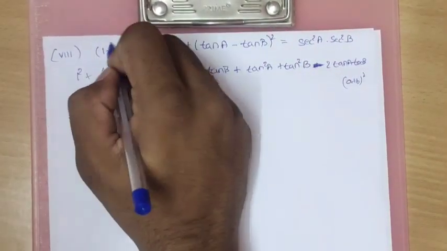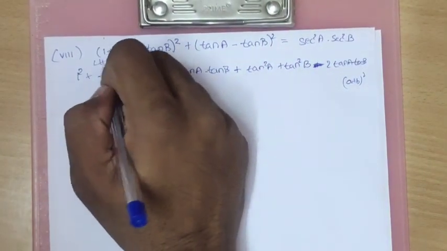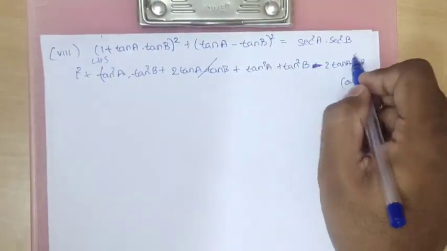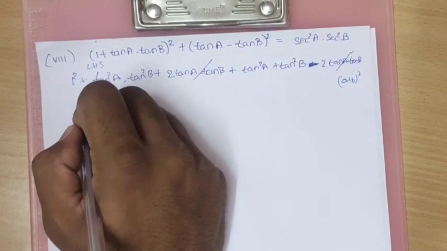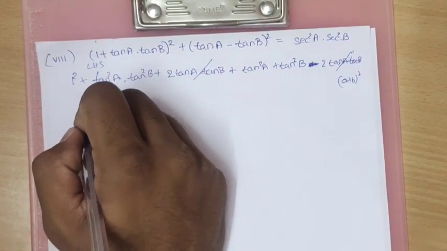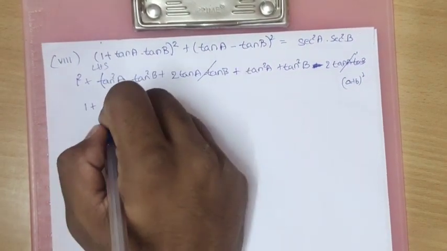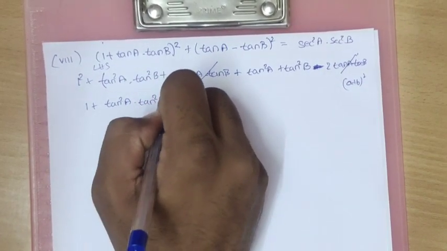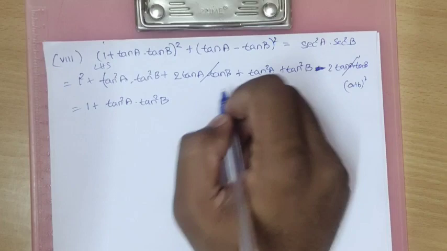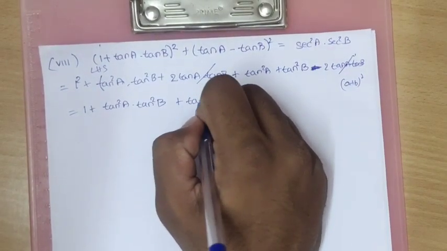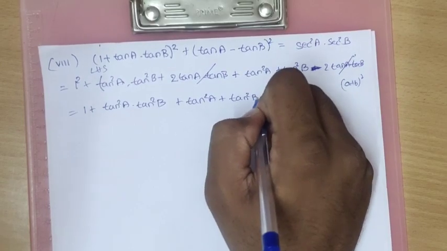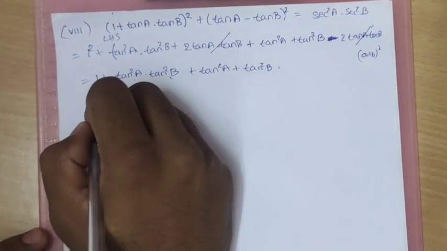So we are considering just the LHS here. For the LHS we are applying this, so plus 2 tan A into tan B and minus 2 tan A into tan B get cancelled. The remaining thing is 1 plus tan square A into tan square B, again plus tan square A plus tan square B, right?